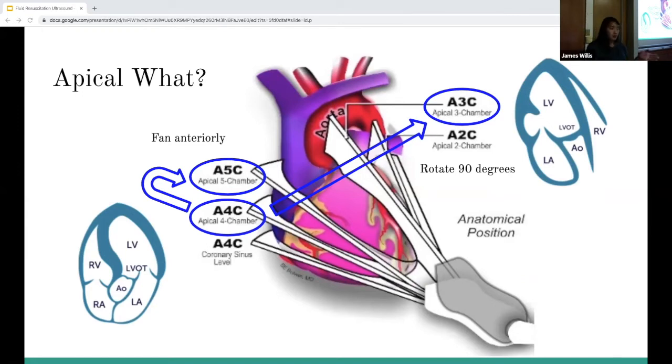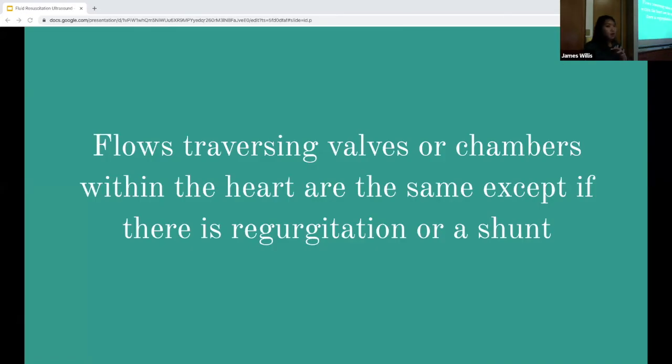So I'm going to give you another thing: flows traversing valves or chambers within the heart are the same, except in situations where there's a regurgitation or a shunt, because you have different directions of flow.